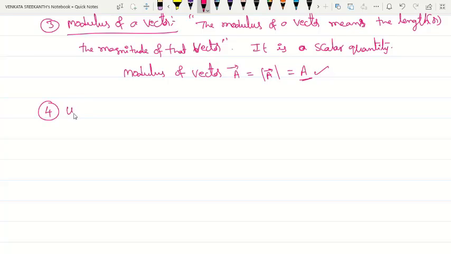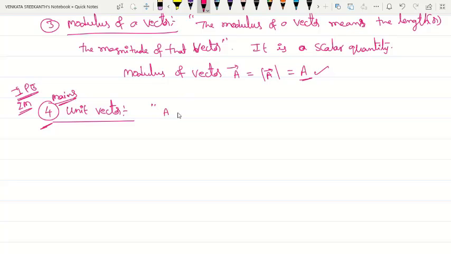One of the important vectors is the unit vector. My dear students, from this type of vector there is a chance of a 2 marks question. Even this one is a 2 marks question for IP level. Not only IP level, this one is very important for our mains level concept. Unit vector.